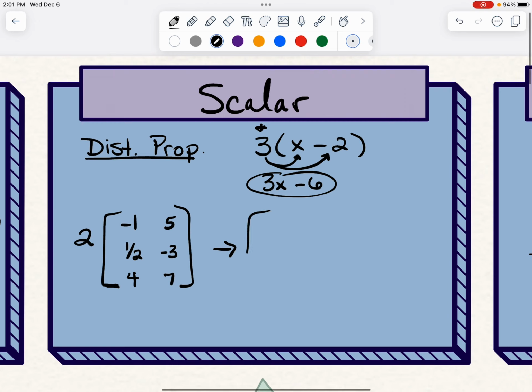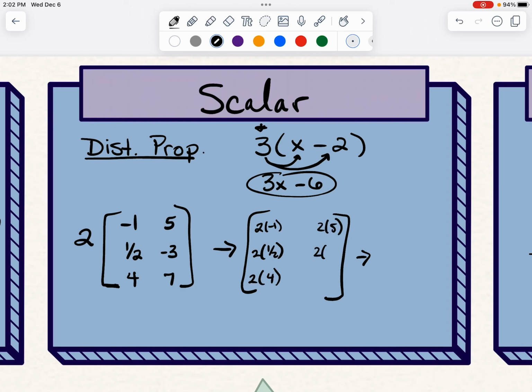So we're going to have the exact same matrix, but everything's going to get multiplied by 2. So 2 times 4, 2 times 5, 2 times negative 3, 2 times 7. Okay?